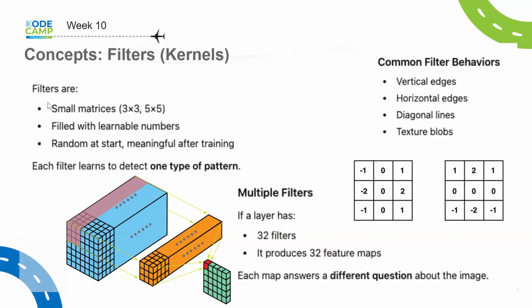Okay. So filters are small matrices, 3 by 3, 5 by 5, right? They are filled with learnable numbers, like I've said, those are the parameters that we'll learn. At the beginning, you initialize them with random numbers, just like any other parameter in any neural network. But as you are training the model, the filter begins to learn to detect just one type of pattern.